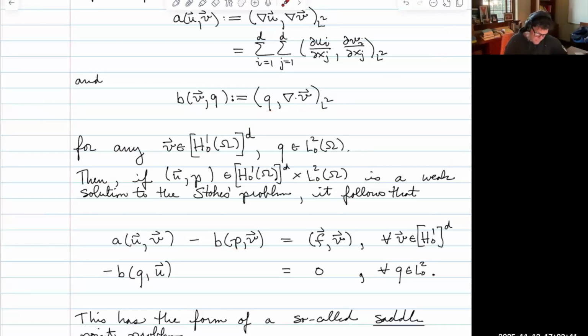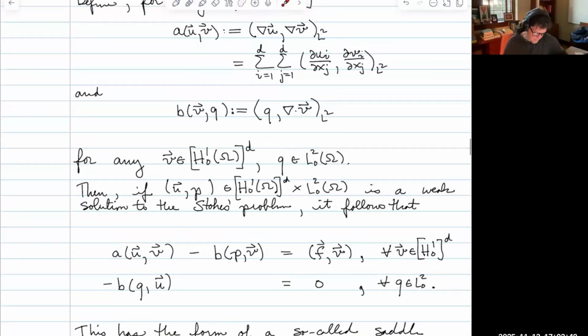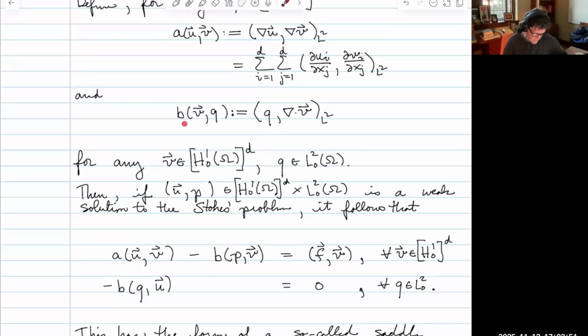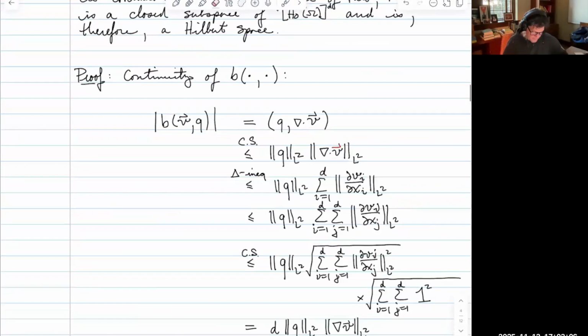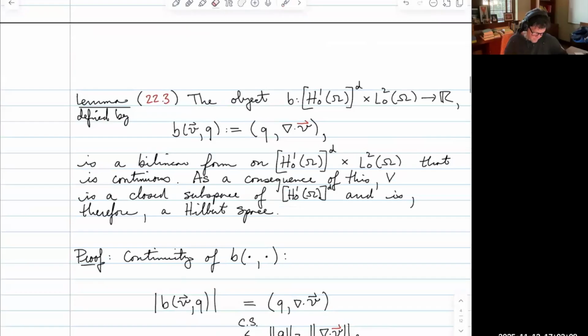Okay, so notice that I'm putting, let's see, did I define that? Let's see. I've got a typo here. I've gotten my variables mixed up. Here I've put a velocity first and a scalar field second, and I've messed it up there. So let's go back and make sure that we're consistent. How did we define it before? Yes, velocity first, scalar. I guess you could call it velocity and pressure.